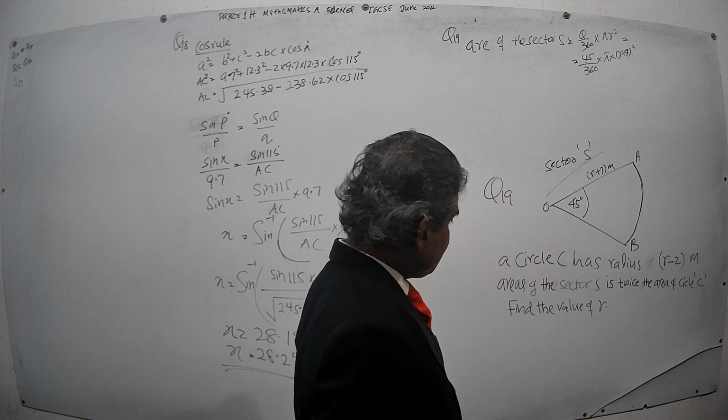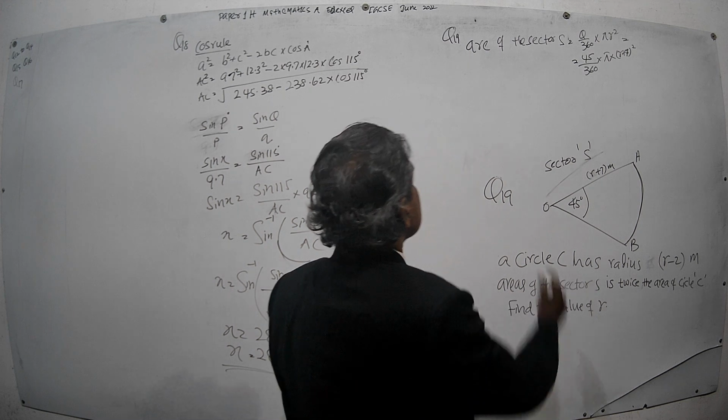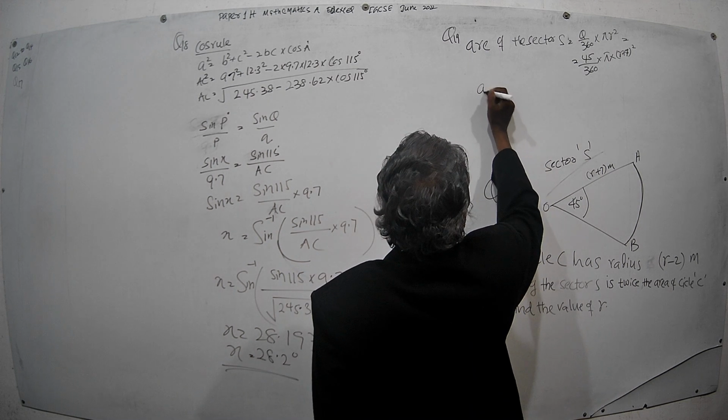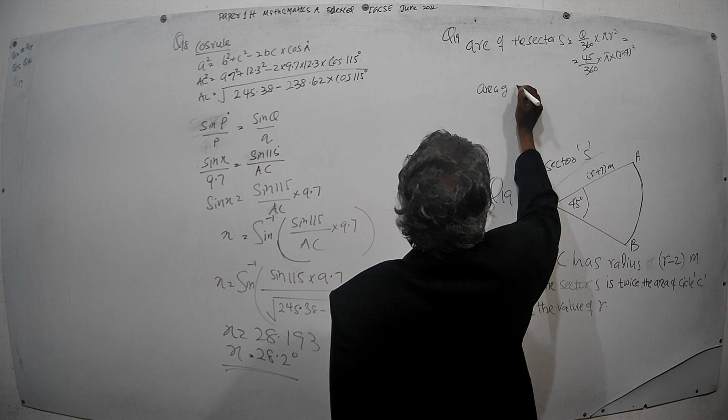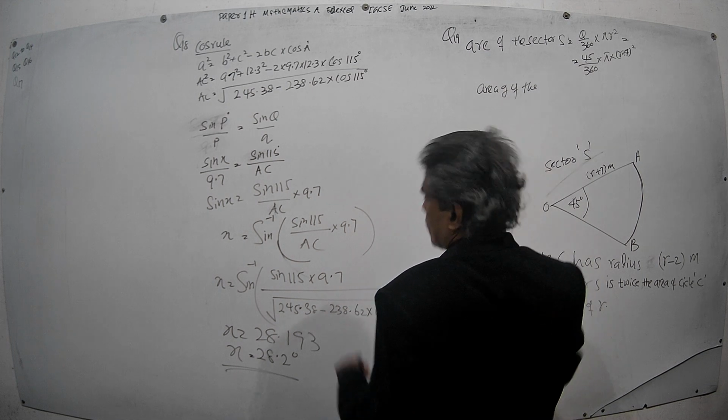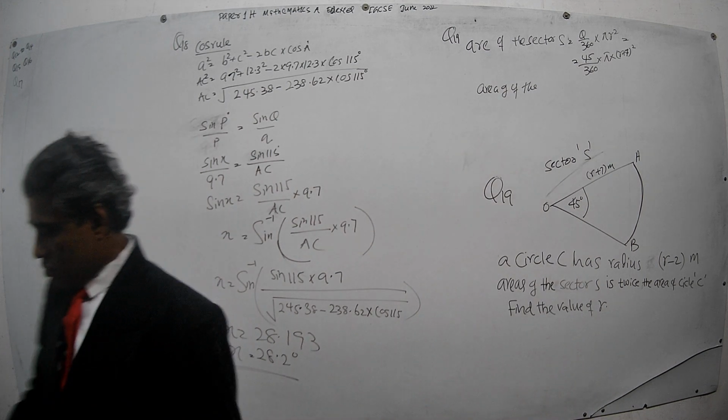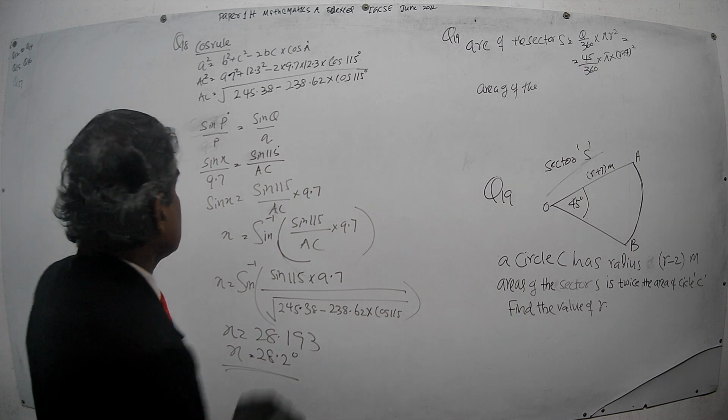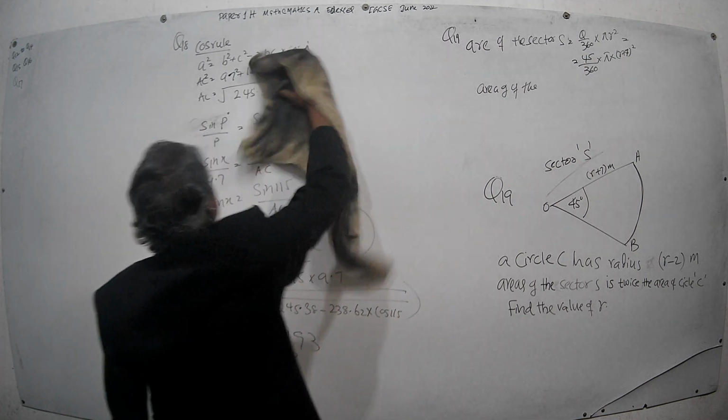Then area of the circle C. I will erase this part because we need the space.